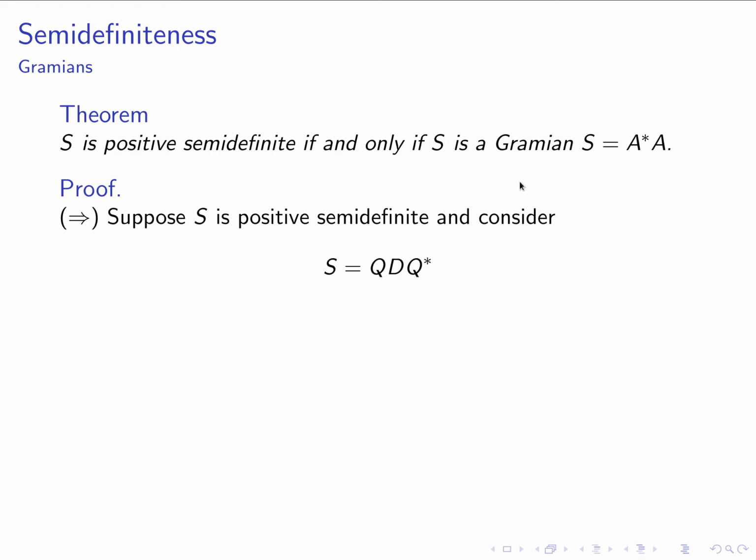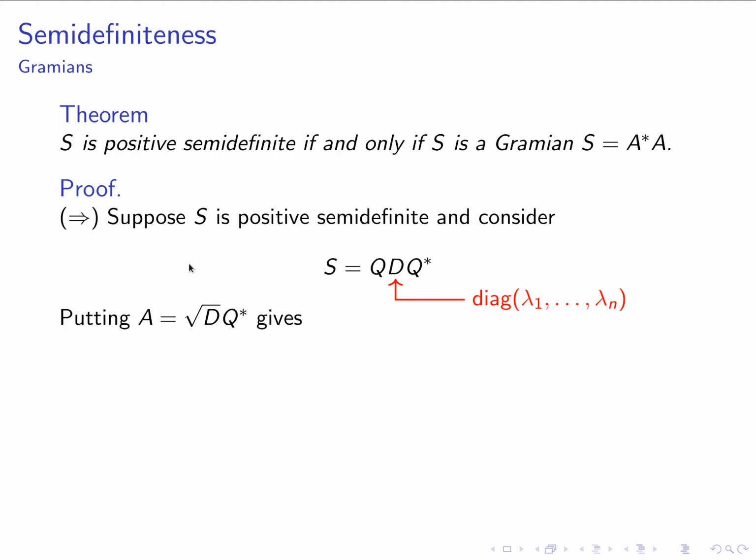So if we assume that S is positive semi-definite, one thing we can do is look at its spectral factorization, Q times D times Q conjugate transpose, and remember that D here is a diagonal matrix where the diagonal is home to all of the eigenvalues of S. And if S is positive semi-definite, we then know that all of the diagonal entries of D have to be non-negative numbers.